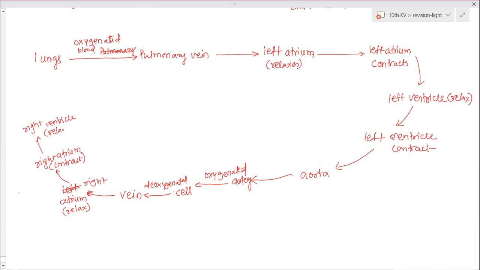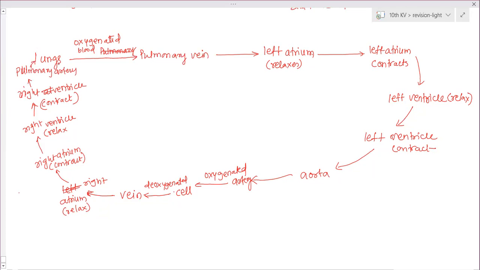When the right ventricle contracts, at that time it pours blood into the pulmonary artery, and the pulmonary artery finally pours the blood into the lungs.